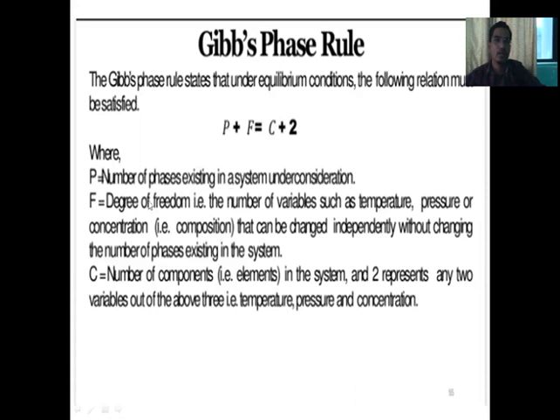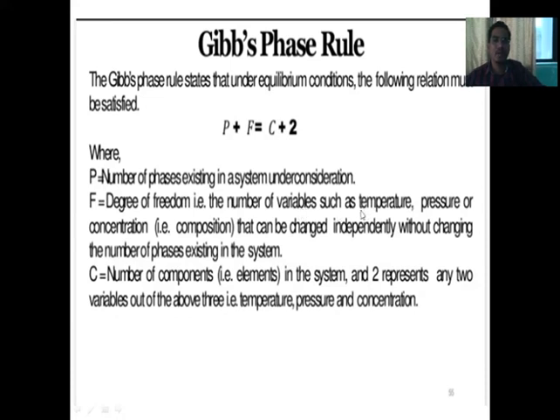Next, F is denoted as the degree of freedom. That is the number of variables, such as temperature, pressure, or concentration or composition, that can be changed independently without changing the number of phases existing in the system. So F is the degree of freedom that we are going to calculate. In a particular phase, which variable exists?